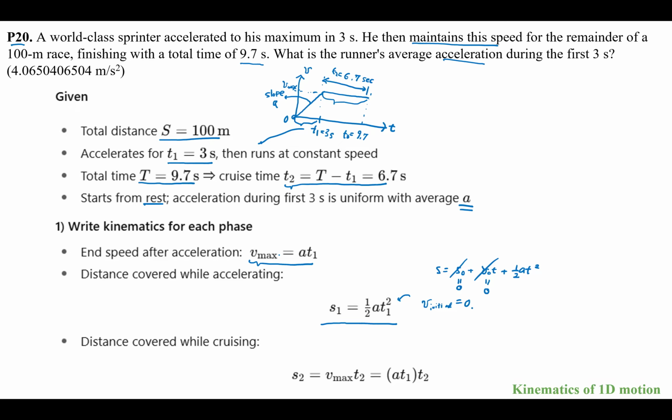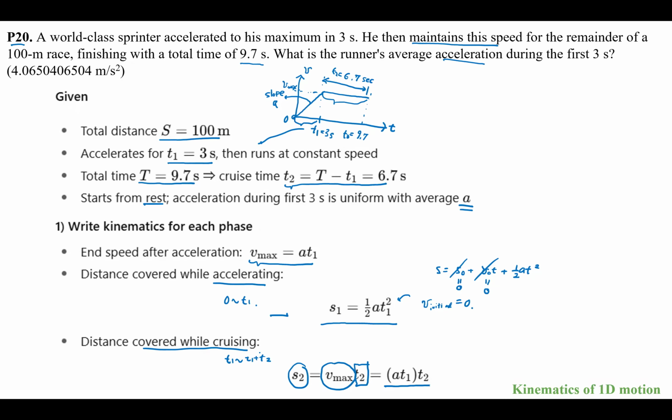So note that from 0 to T1, we have a constant acceleration. From T1 to T1 plus T2, we get constant speed, Vmax. So S2 is the distance covered while cruising, given by constant velocity times the duration of that speed.